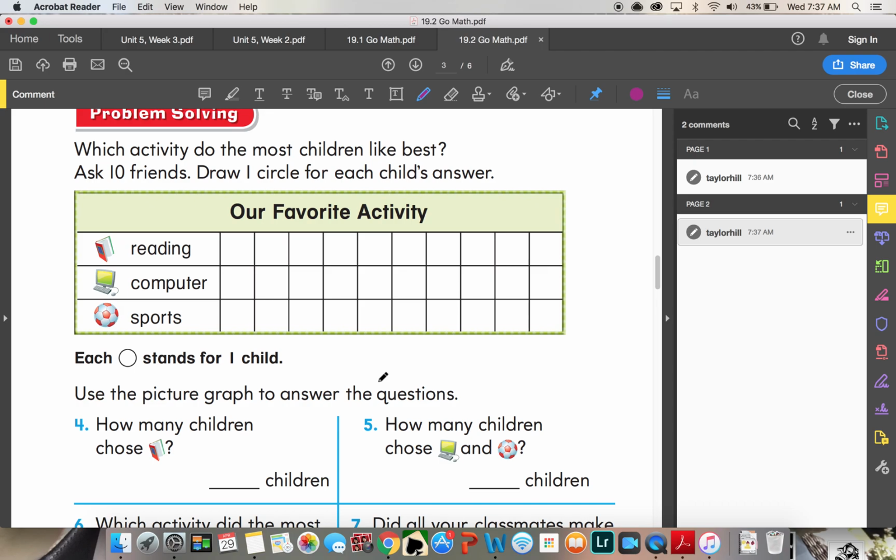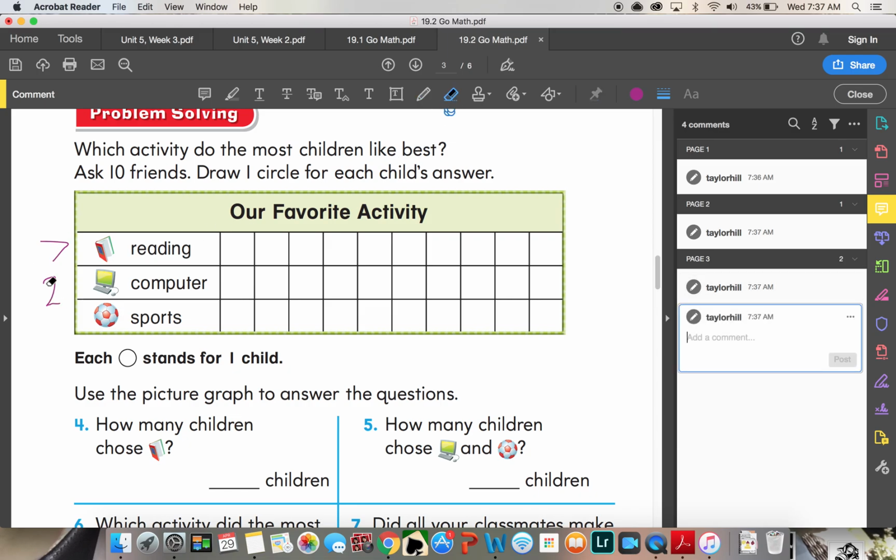Okay. Which activity do most children like best? Ask 10 friends. Draw 1 circle for each child and answer. Okay, so since we don't have a whole classroom to ask, I will be giving you numbers. So we're going to do 7 reading, actually no, let's erase that.